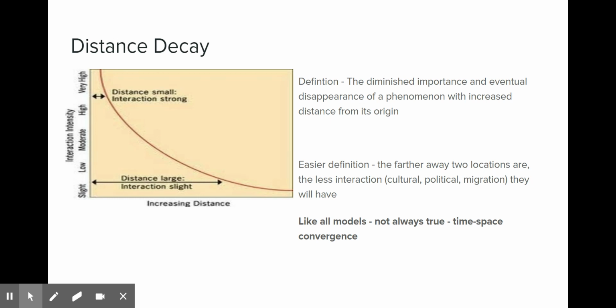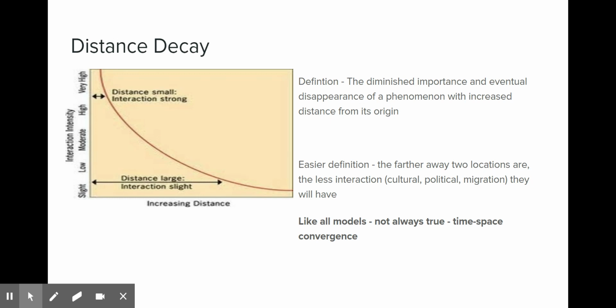And distance decay is the first example of that. The official definition of distance decay is the diminished importance and eventual disappearance of a phenomenon with increased distance from its origin. Basically, that's a complicated way of saying that if you have two places, the farther away the locations are, the less assumed interaction they will have.